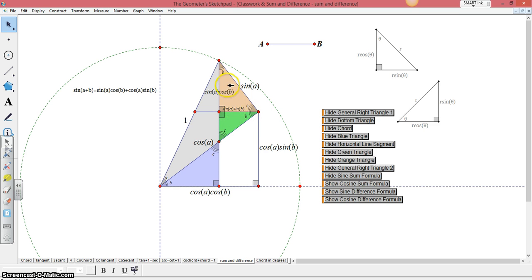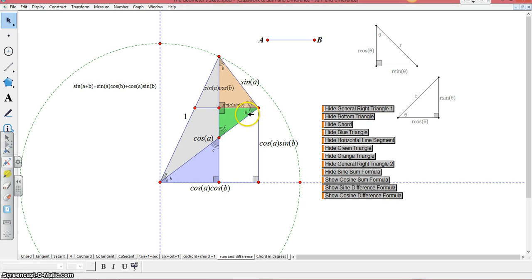We know that the sine of beta times the sine of alpha via this triangle right here is this length right here. This length, sine alpha sine beta, is equivalent to this length right here. Therefore, we can say that our cosine of alpha plus beta is this entire length of cosine alpha cosine beta, minus sine alpha sine beta right here.